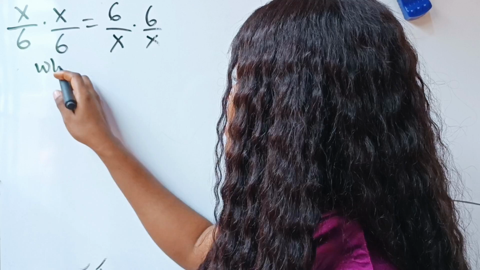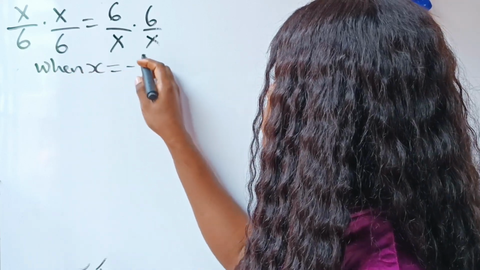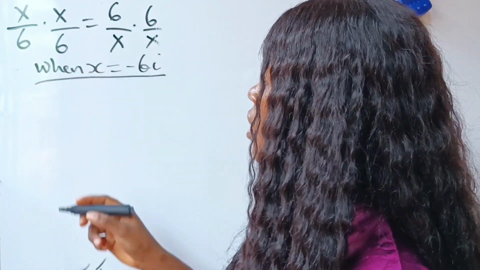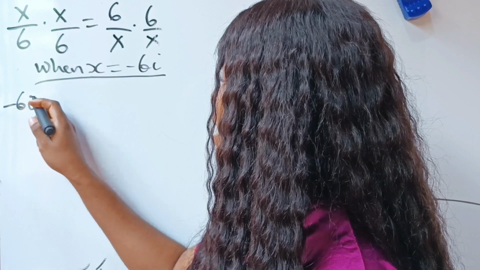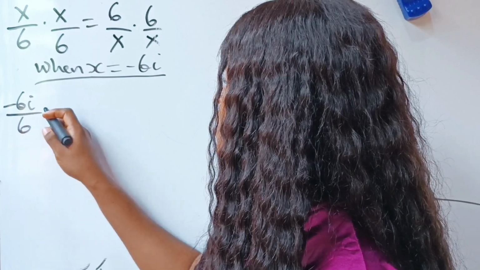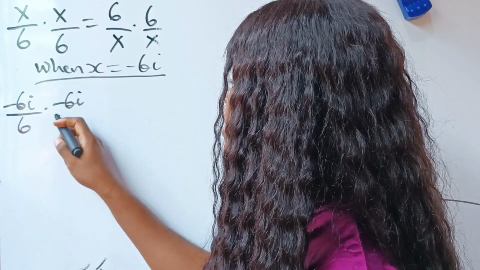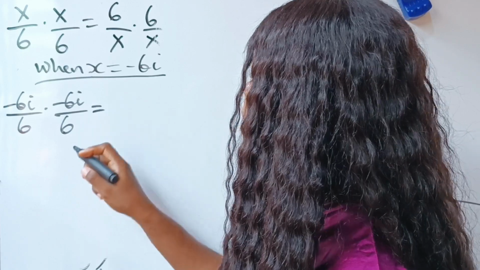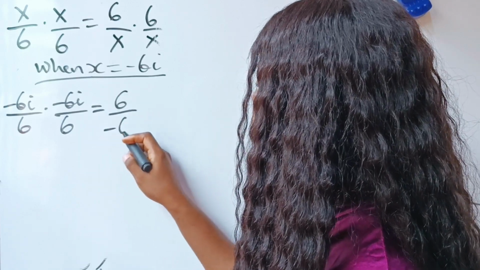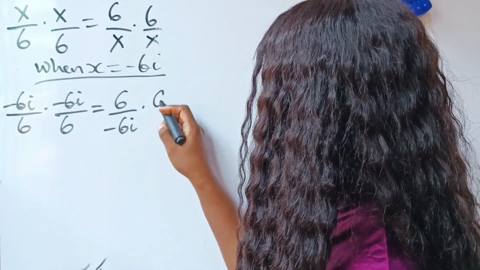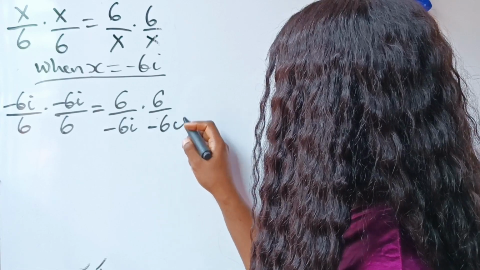Now when x is equal to minus 6i, we say minus 6i divided by 6 multiplied by minus 6i divided by 6 is equal to 6 over minus 6i multiplied by 6 over minus 6i.